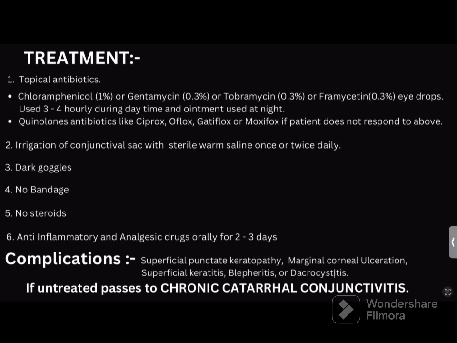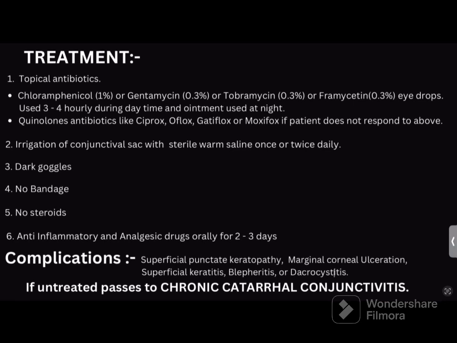Suppose there is acute mucopurulent conjunctivitis and the patient has not turned up, thinking that it will resolve by itself. If the infection is mild, the patient may overcome it. If the patient is cured in 10 to 15 days without coming to you, it's okay. But if it is not cured in 10 to 15 days, then it passes into a less intense form, which is nothing but chronic catarrhal conjunctivitis.